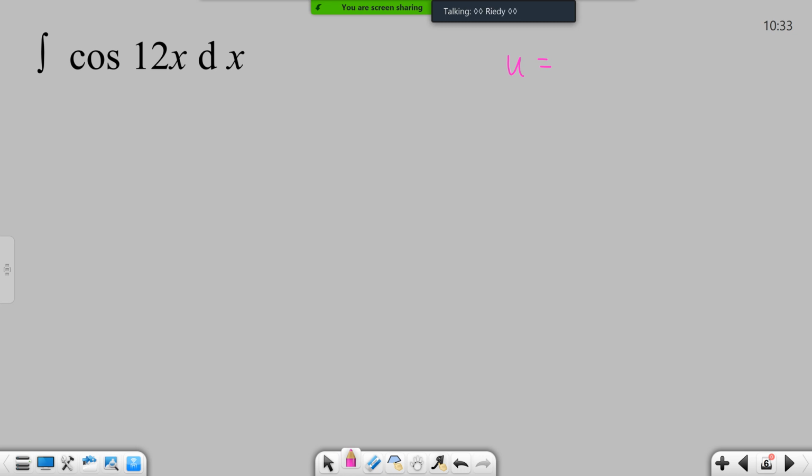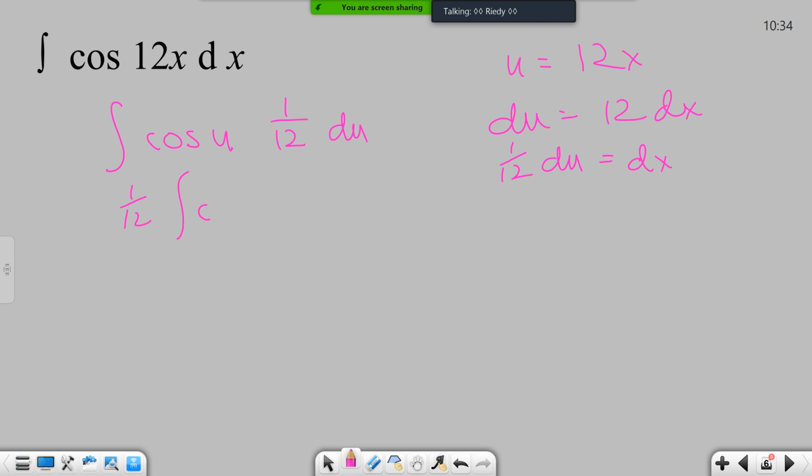Ooh, 12x might work nicely. Ooh, I'm happy. All u's, no x's, and it's something I can take the antiderivative of.